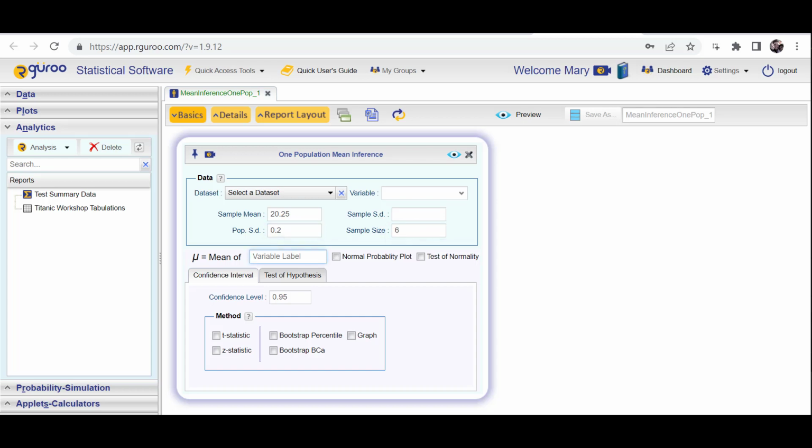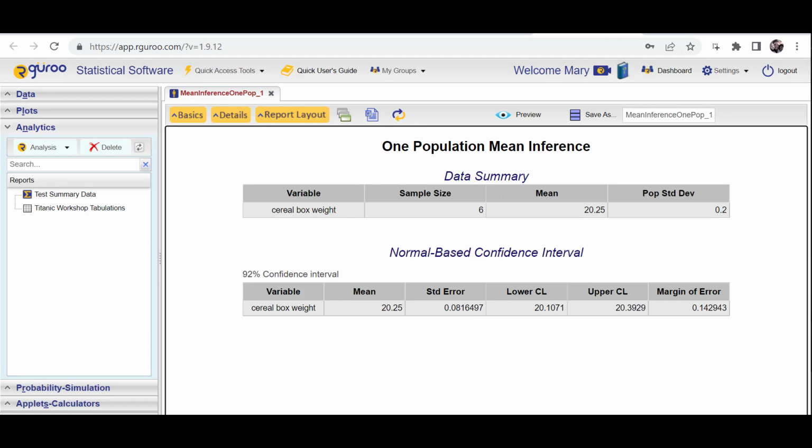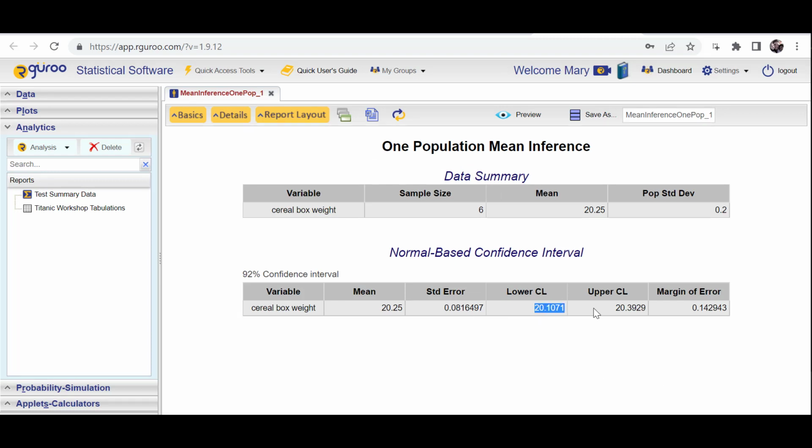And the variable label, this was the mean cereal box weight. And then the confidence level was 0.92, and we chose Z statistic. And then you view, and you can see right here 20.107 and 20.393 when you round, and that's the exact same thing that we got before. So that was just quick review there.